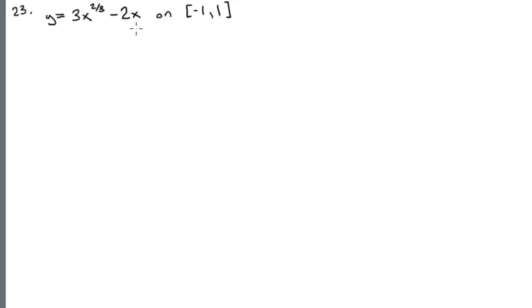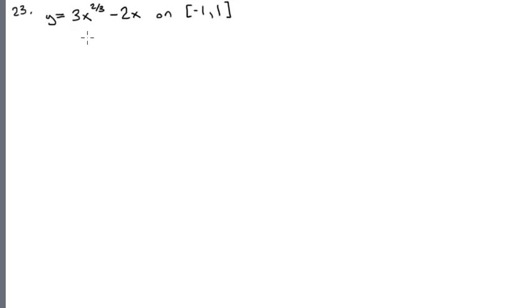And this is just 2x, that's continuous too. So we do have continuity, so we can assume that it is continuous on the interval from -1 to +1. So that's good.